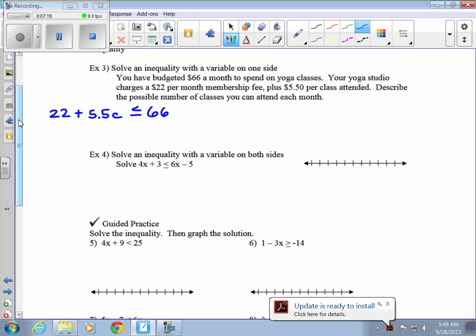So we're going to subtract the 22. And we're going to get 5.5c is less than or equal to 44. And then we're going to divide. And so we get c is less than or equal to 8. Okay. So that tells us that we can attend at most 8 classes.